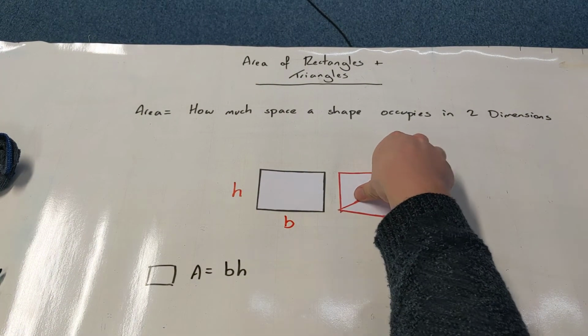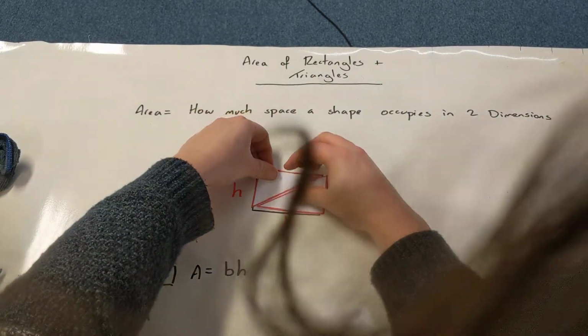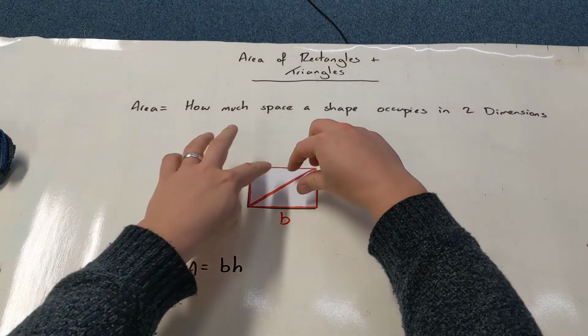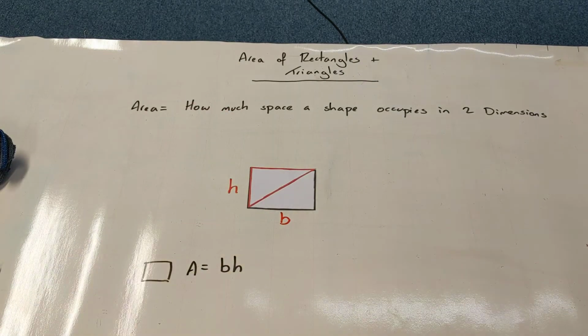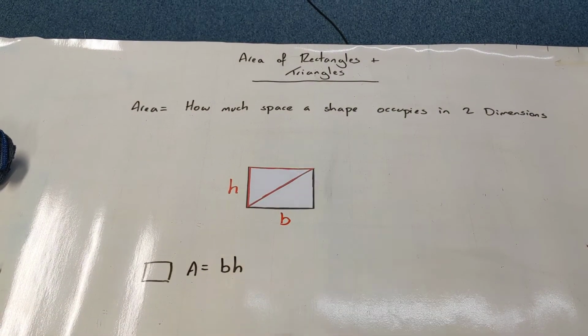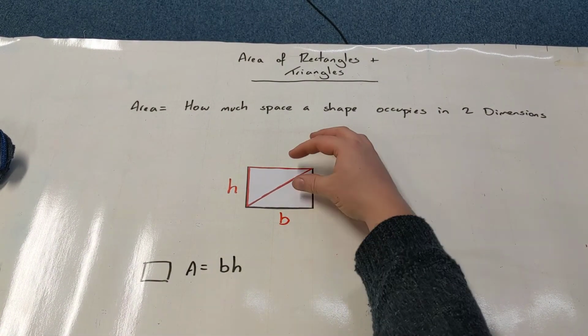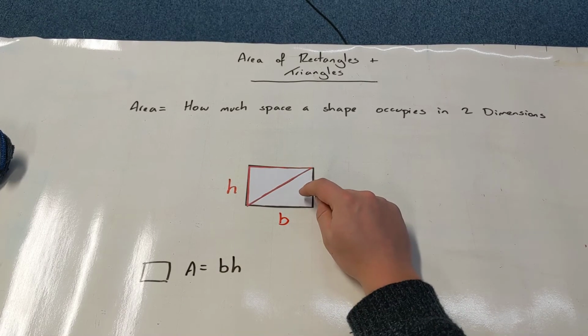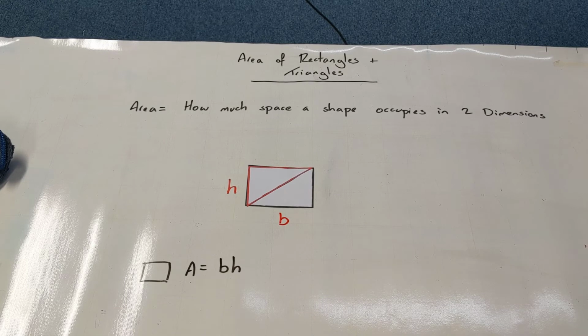So, how does the area of one of these triangles then compare to the area of a rectangle? Well, let's get rid of one of these little cutouts. And can you see then that because there were 2 triangles there, the area of one of these triangles, well, that's just half the area of a rectangle, isn't it?